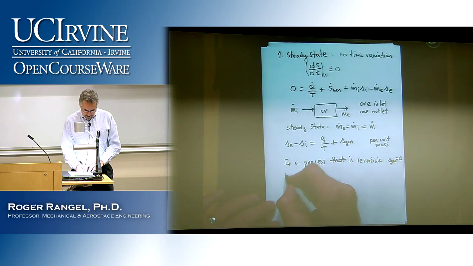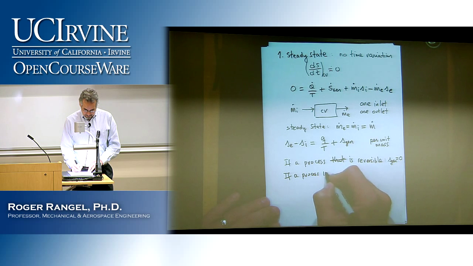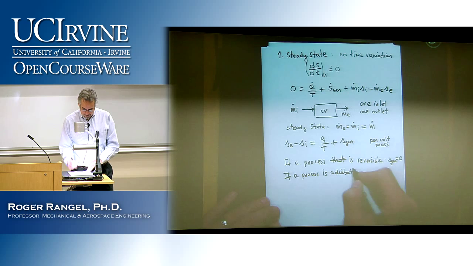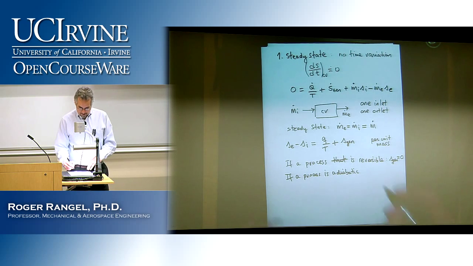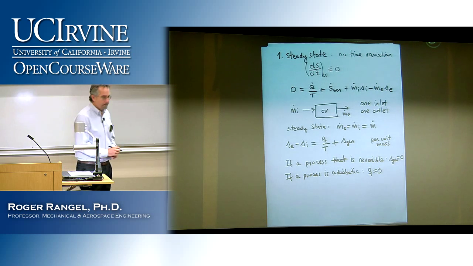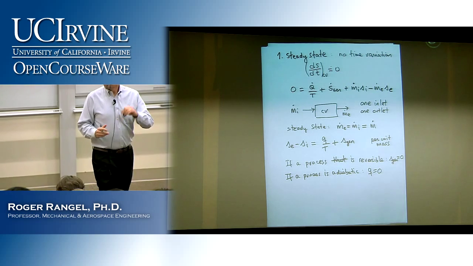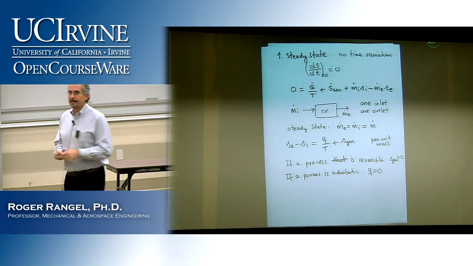Or another thing that would be nice, and happens many times, if a process is adiabatic, then what happens? Q is 0. And if a process is both reversible and adiabatic, then what happens?